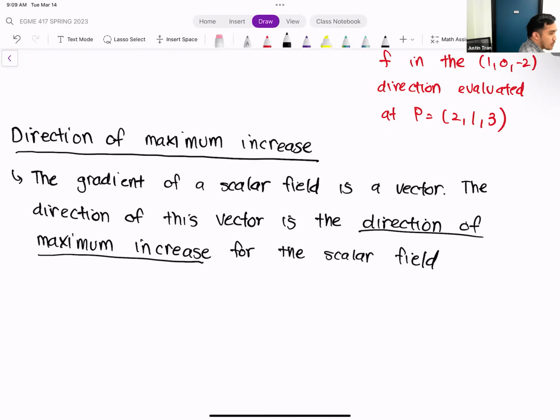In other words, if you were to take the gradient of a scalar field and take the unit vector in that direction, so you find the magnitude and divide by it, the direction that it is pointing in is the direction of maximum increase.